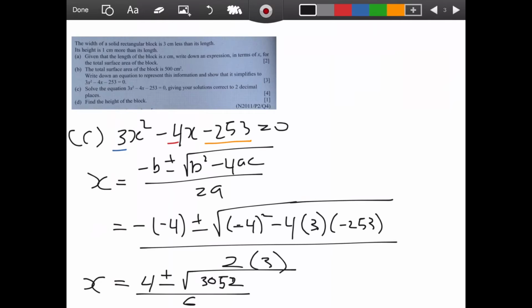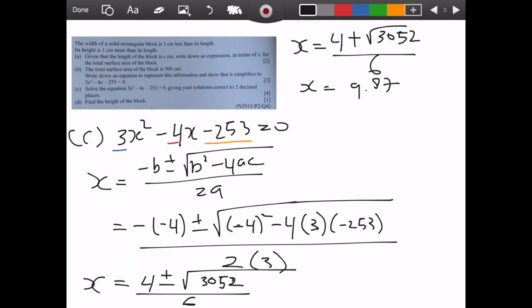So you have two solutions over here. You have x equal to 4 plus square root 3052 over 6, which is 9.87.